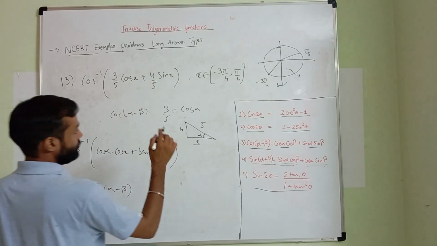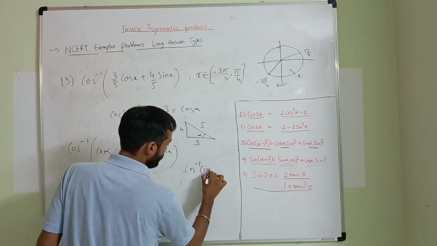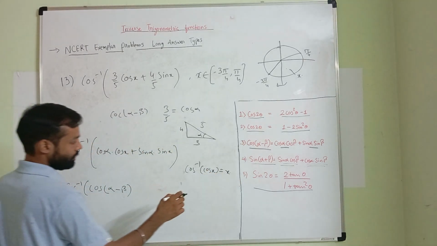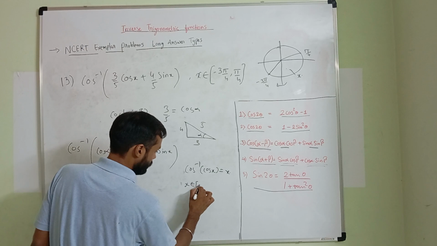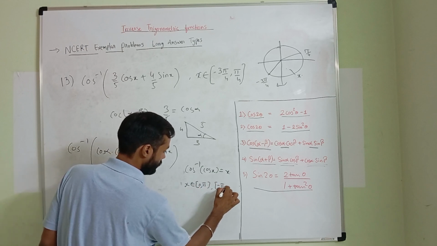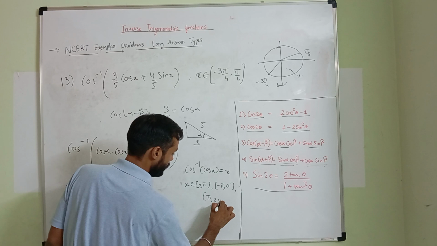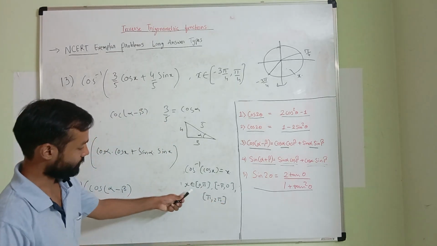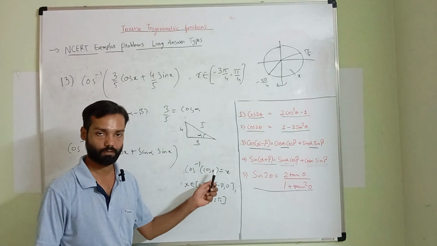Now when can we write that cos inverse of cos x is equal to x? When this x belongs to 0 to pi, or minus pi to 0, or pi to 2 pi and so on. So when this value of x lies in these intervals, only then we can write cos inverse of cos x is equal to x.